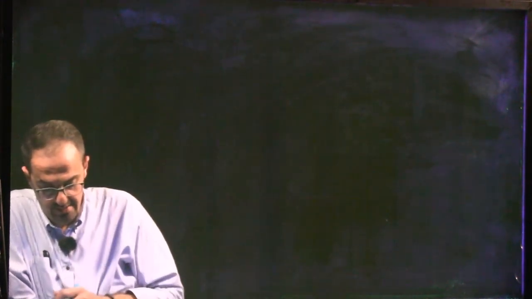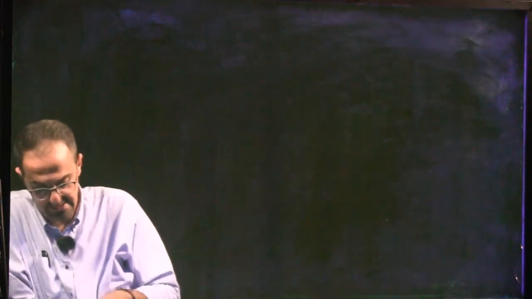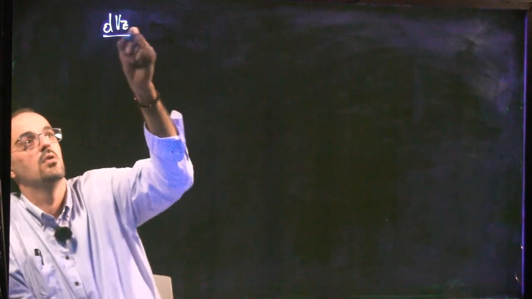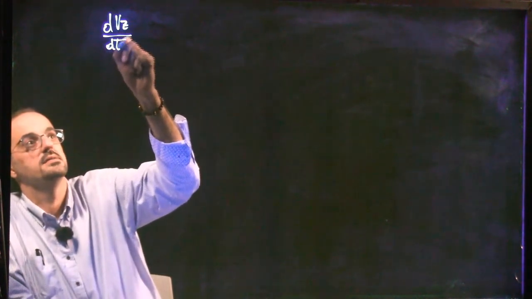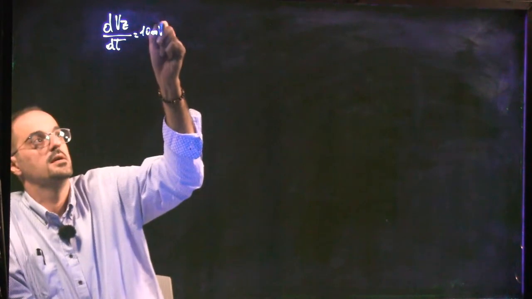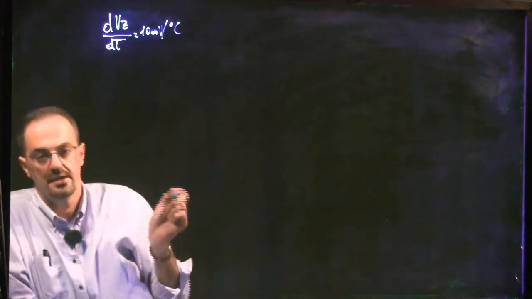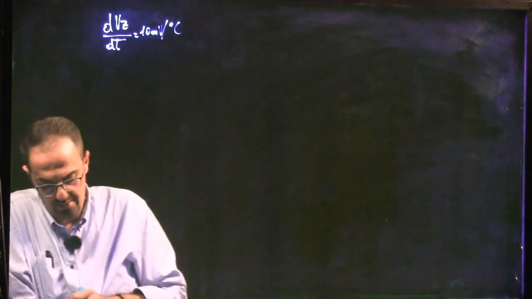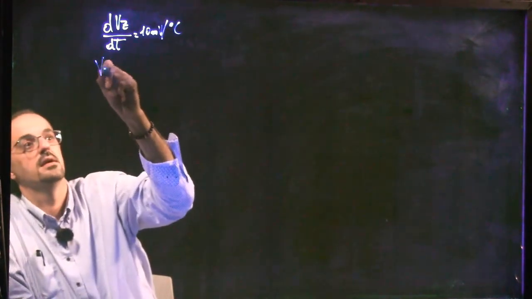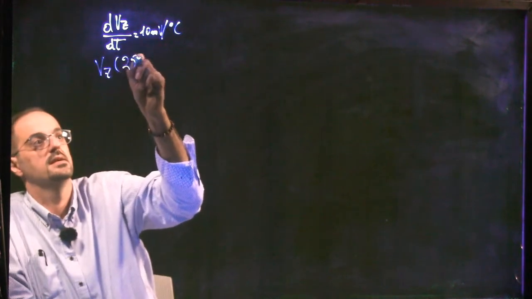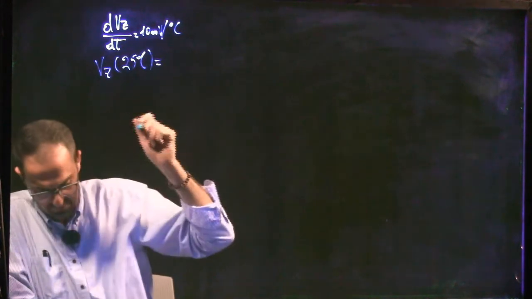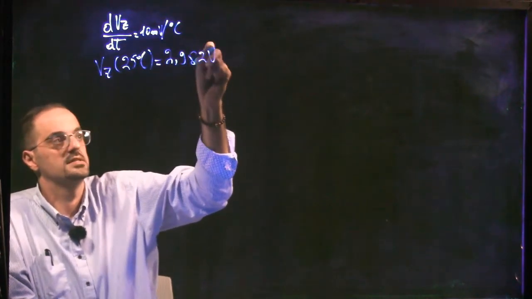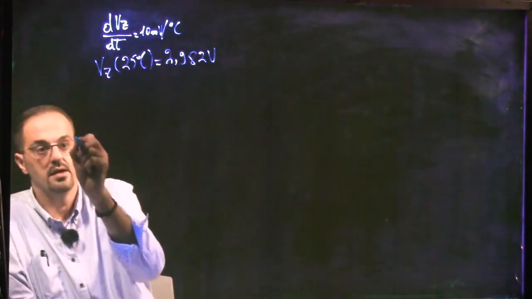The main parameter of this Zener diode is its sensibility, given by dVz over dT is equal to 10 millivolts per degree C. Another one is giving you a point of its relationship where Vz at 25 degree C is equal to 2.982 volts.